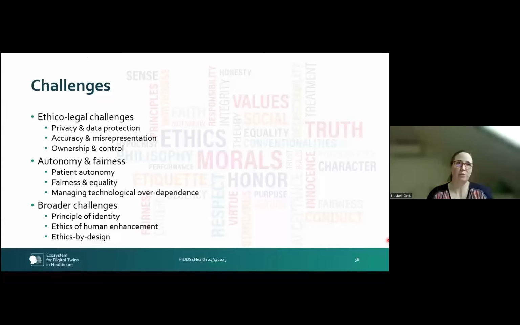And what is really important, ultimately, is that we ask these questions as we are developing the technologies and not afterwards. So ethics by design, making sure that we do co-creation, that we bring on board the specialists in this domain so that they can help guide the development of technology in a way that will lead to an ethical outcome.